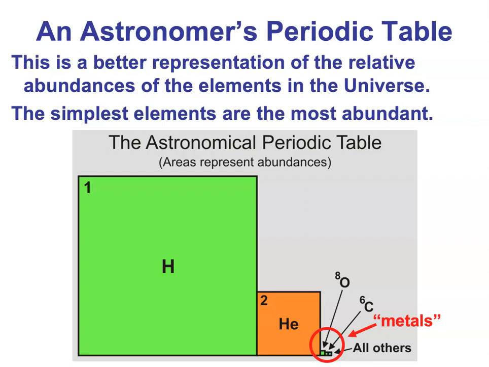It's just anything that isn't hydrogen or helium. So we don't just mean metals the way you would say metals in a chemistry class, right? In a chemistry class, metals are copper, gold, iron. But in astronomy, metals includes oxygen and carbon and nitrogen and everything else that's heavier than helium.